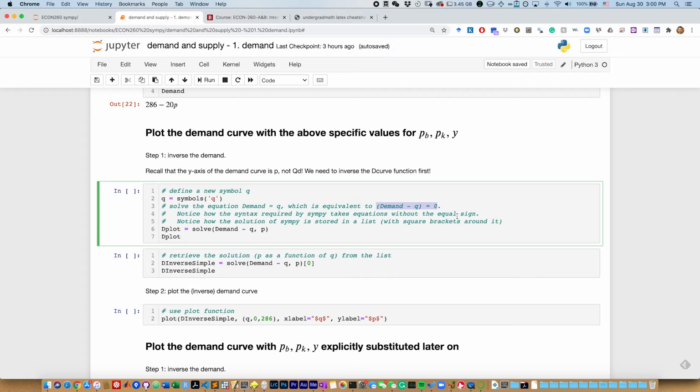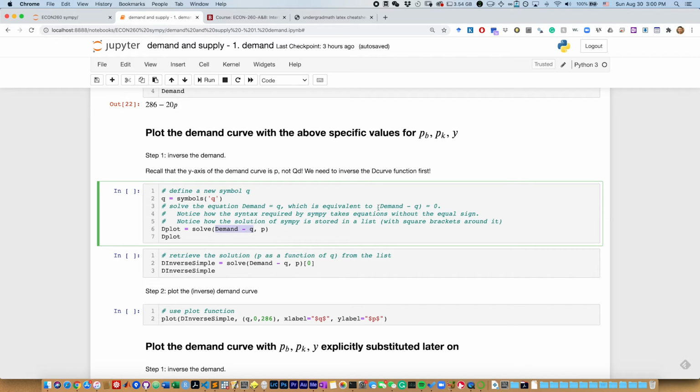So now the syntax required by sympy is a little bit weird. It does not recognize the equal sign in there, and it requires you to essentially clear out one side of the equation and then put the other side into the solve function, and then it will implicitly treat this thing to be equal to 0 and try to find the solution to it.